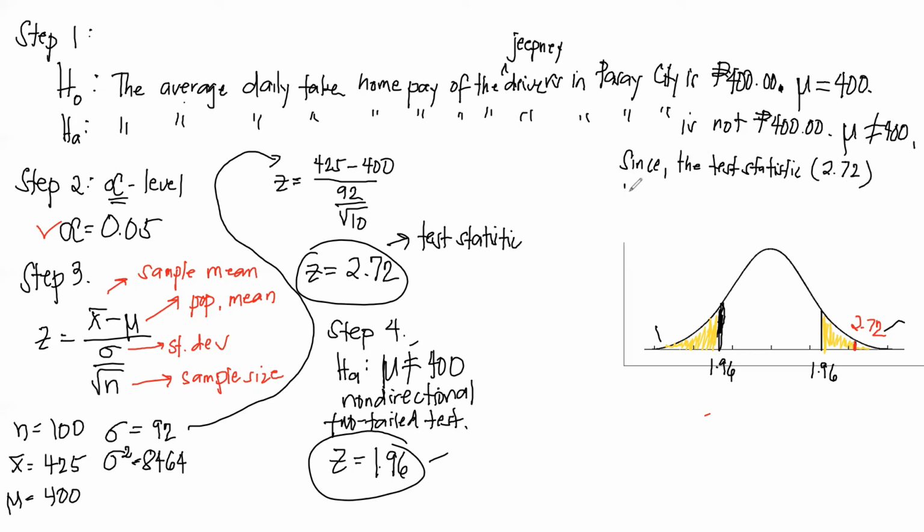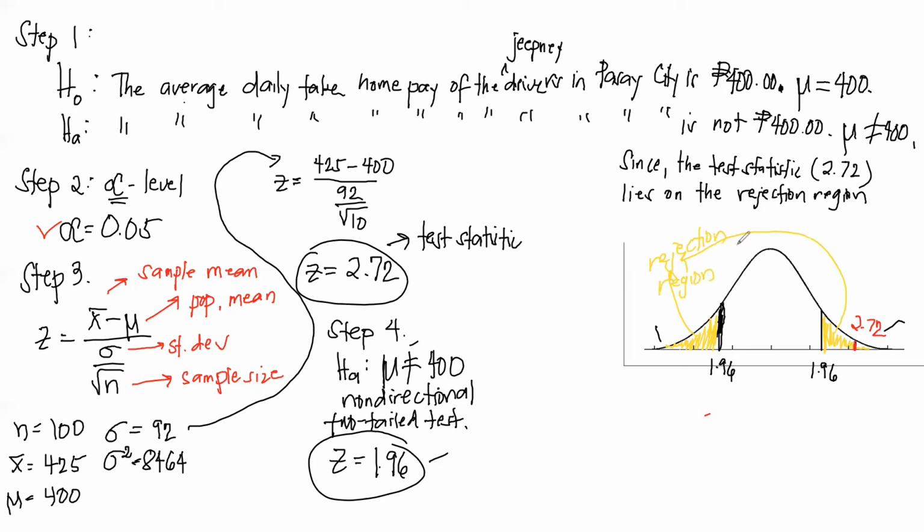2.72, lies on the tails, wherein these tails, by the way, are called the rejection region. So what is the rejection region? The rejection region is these yellow regions or the tails. Why do we call this a rejection region?